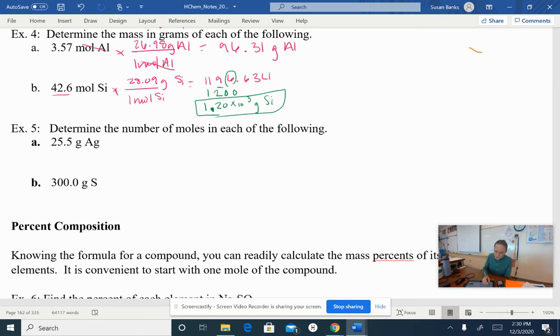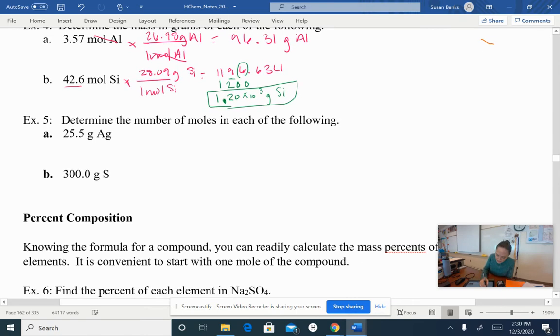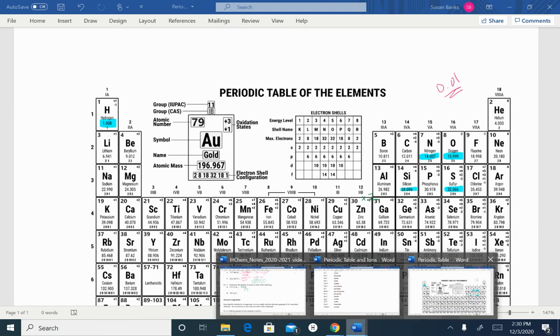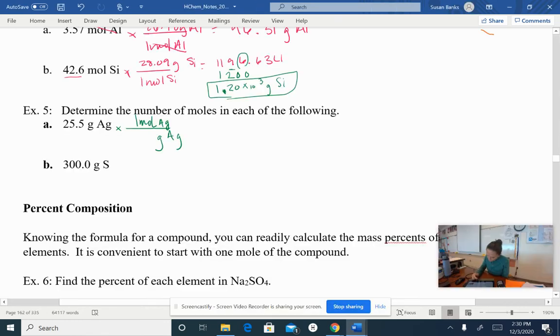Okay, so I've got 25.5 grams of silver. I want to get into moles.